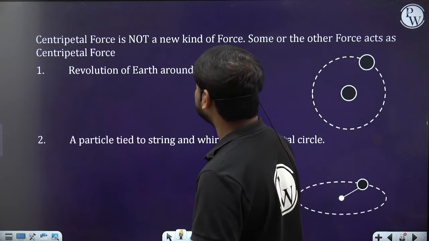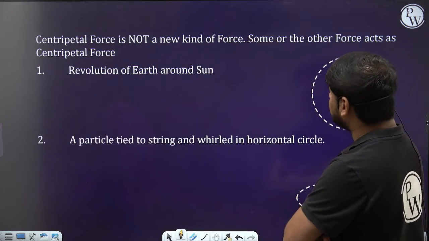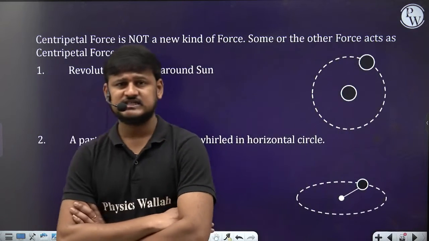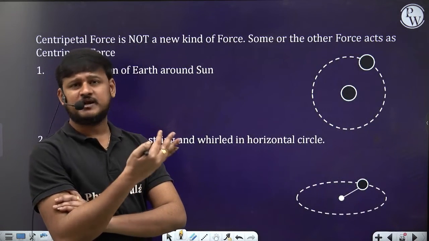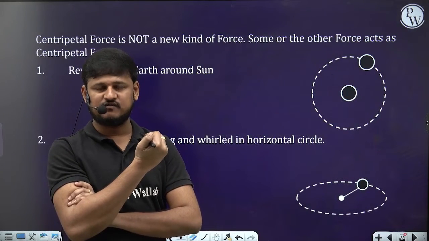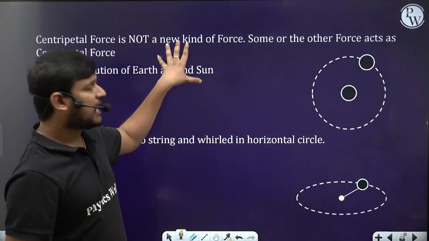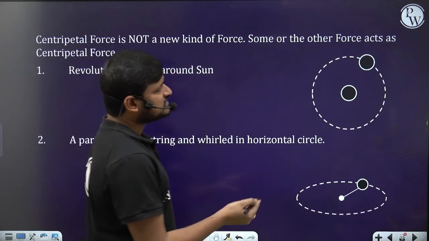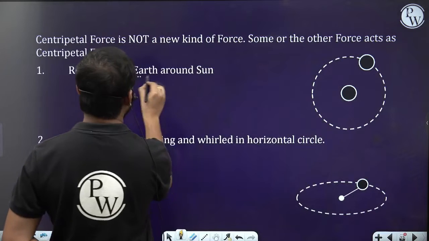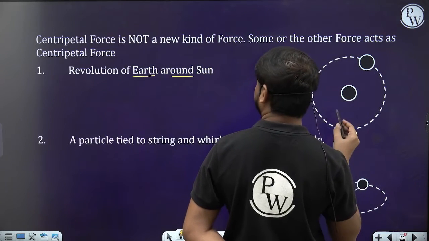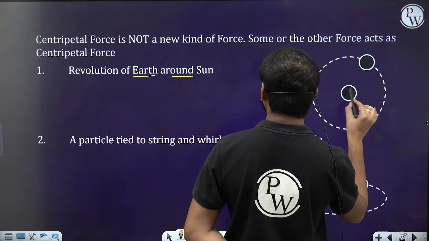So chalo. The centripetal force is not a new kind of force. Some other force acts as a centripetal force. We are talking about the centripetal force which acts towards the center while the particle is moving in a circular path. For example, take the revolution of the earth around the sun.